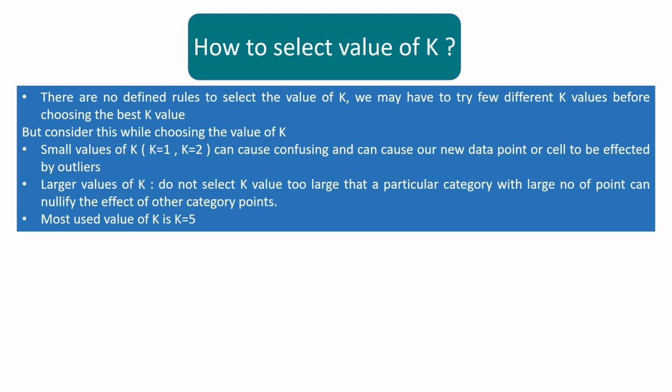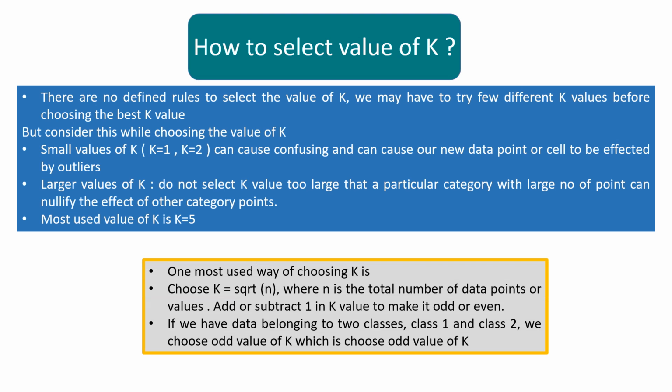Many research algorithms for different data sets have identified k equal to 5 as the optimized value. But again, we cannot say that this is 100% sure, because with a change of data, even k equal to 5 has been seen to fail. One most used way of choosing k is to choose k as the square root of n.